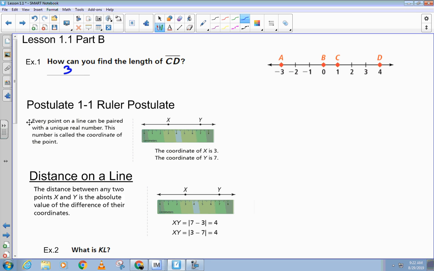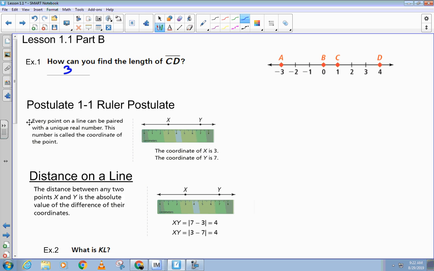Okay, so we have x and y, and the coordinate of x is 3, and the coordinate of y is 7. And this statement says that each point can be paired only with one specific number. Okay, because x can't represent 3 and 3.5 at the same time, because that would change the length of the segment. Okay, so kind of weird, kind of common sense, like I said.